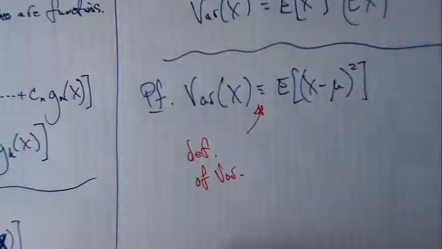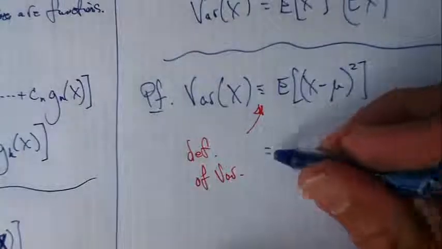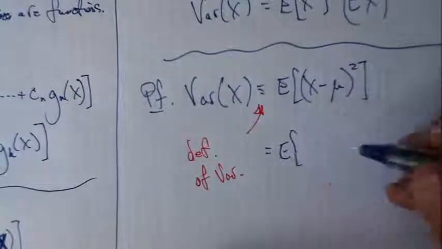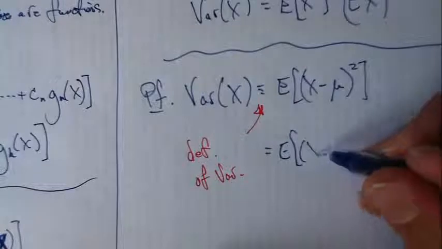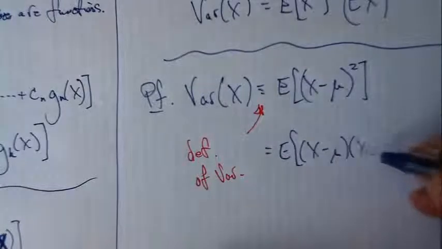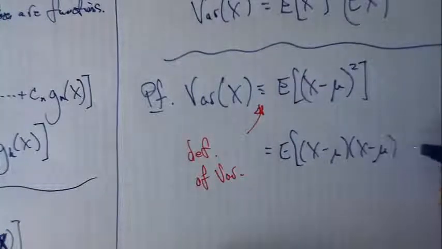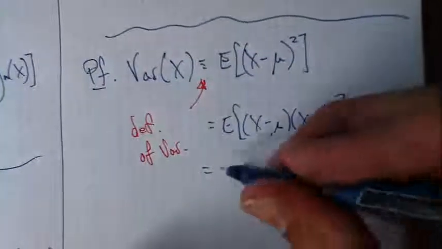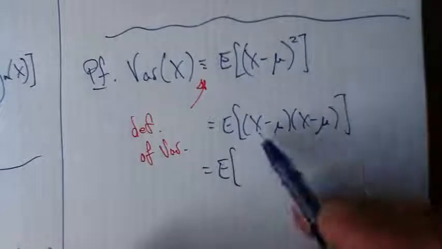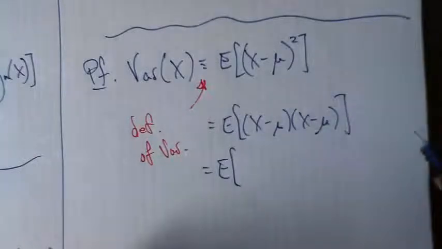Okay. So I'll tell you what, I'm just going to do what I know how to do. I can square that stuff on the inside, right? And now, what is that stuff on the inside? And remember, these x's are functions, and these mu's are constants.